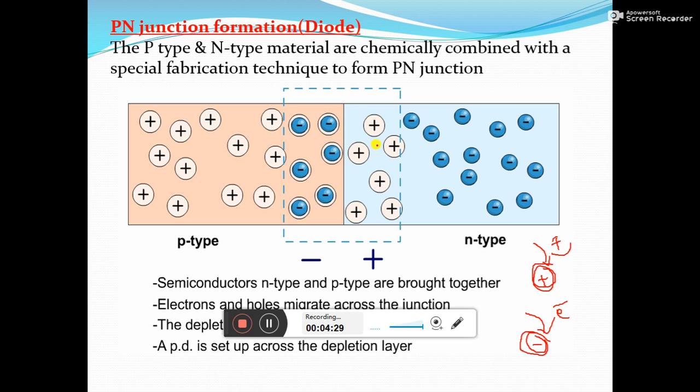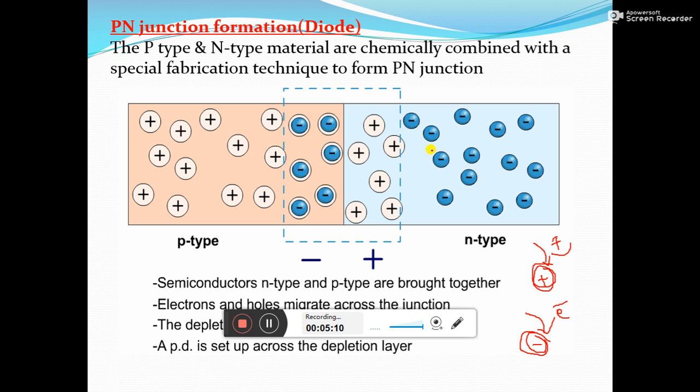If the holes from the p-type try to cross the junction and move towards the n-type, there is a repelling force provided by the positive immobile ions. Because this is positive in nature and the holes are also positive, there will be a repelling force. These positive immobile ions at the n-type try to stop the further movement of the holes moving from p-type to n-type.